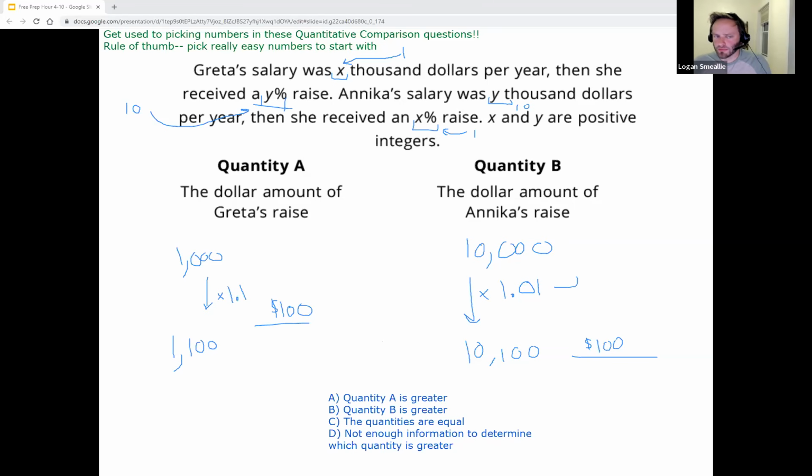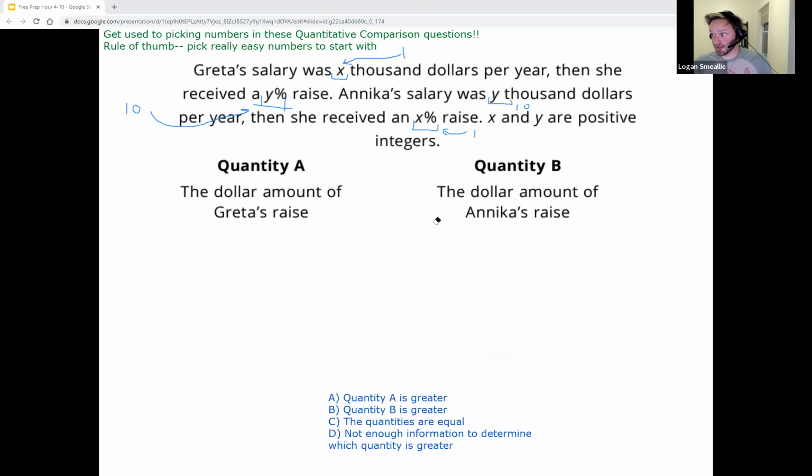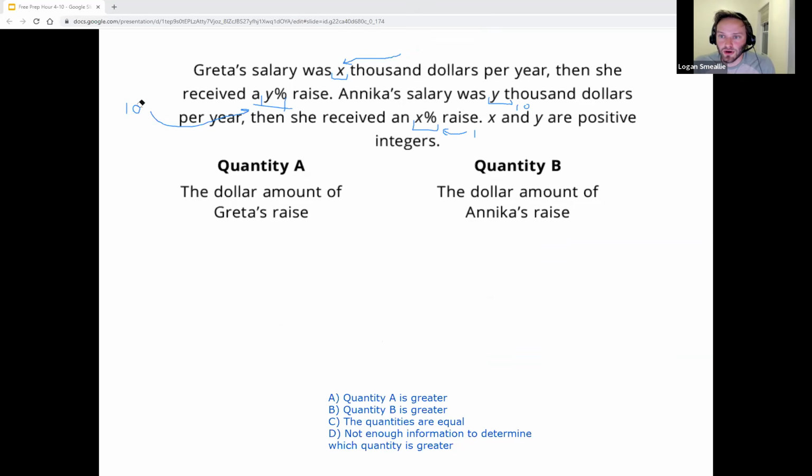Let's try that again. Let's see what happens if I pick slightly different numbers. Because so far I found that they're equal, but usually you want to try a few different things and see if they keep being equal. So I'm going to try another simple scenario. What if it was $2,000 for Greta and a 5% raise? And that would mean it was $5,000 for Annika and a 2% raise. 2,000 times 1.05.